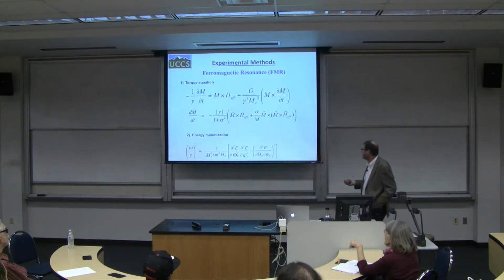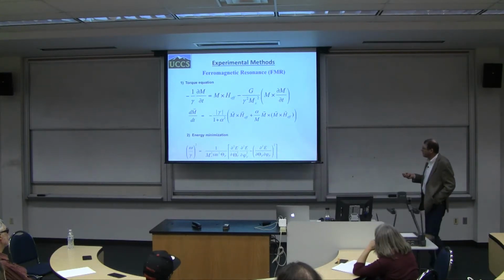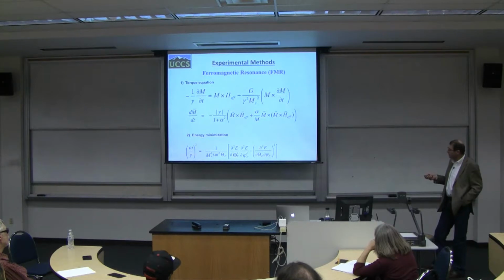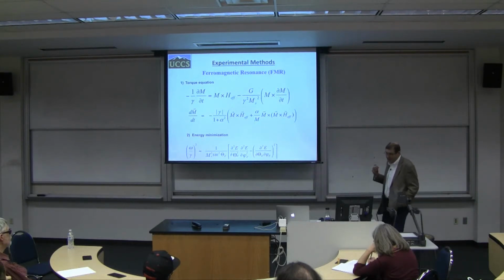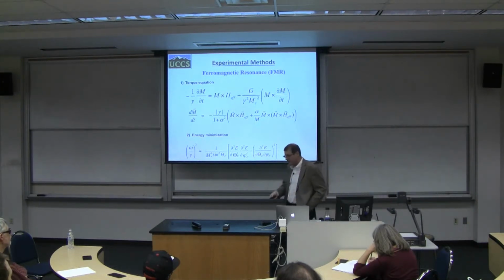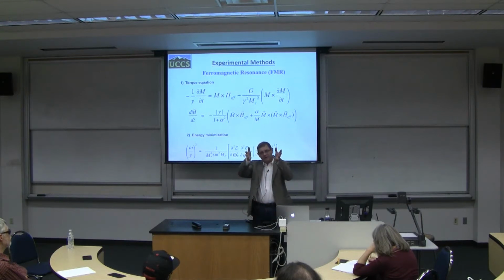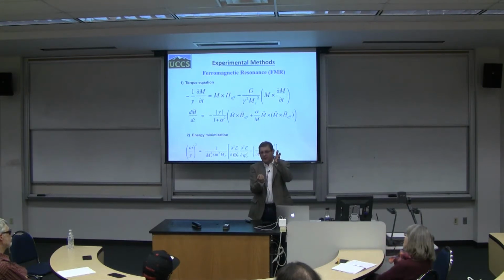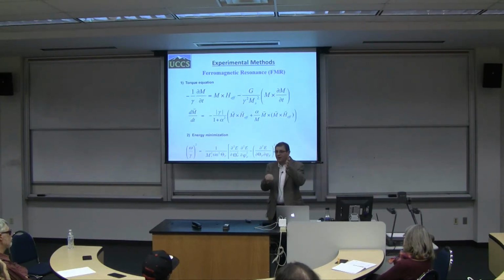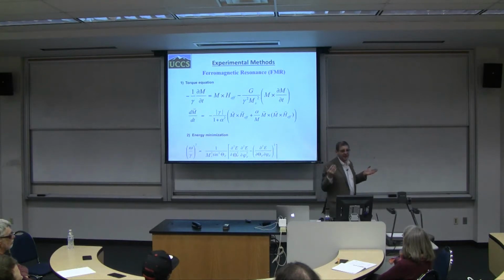using FMR. There is another way of thinking of it: you can determine the frequency of your oscillation by minimizing the energy with respect to the angles in your sample. If you think about it, it's quite natural, because if I have some potential well and I have a system exactly at the bottom and I displace it slightly, I have basically a parabolic dependence of my energy, and therefore I'm going to have oscillations which resemble a standard harmonic oscillator.